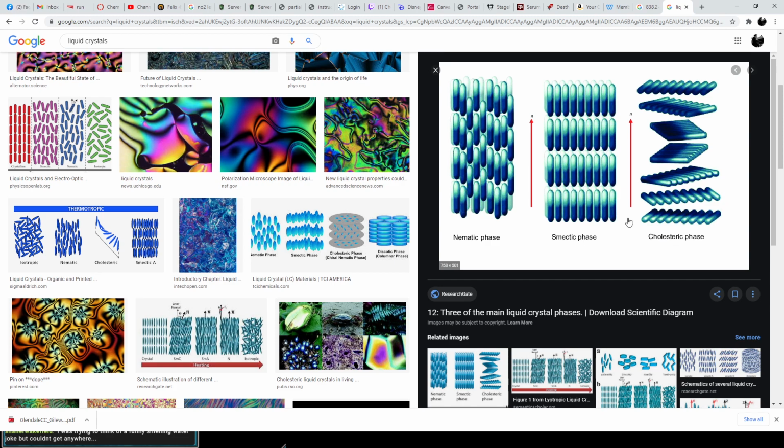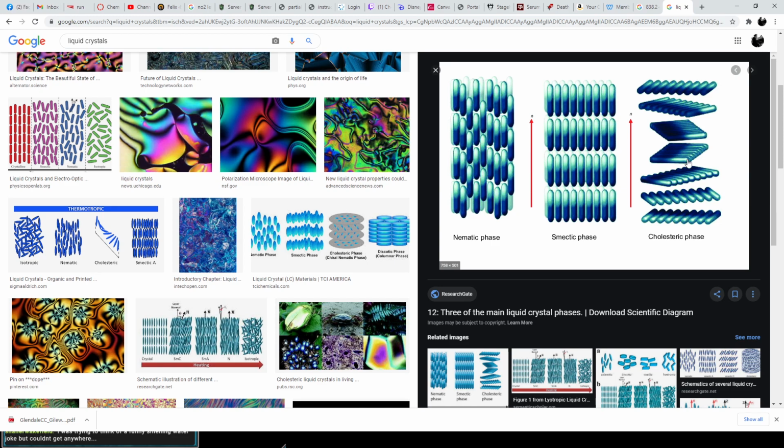In smectic crystals, you do have the layers. This would be smectic type A, where they're all vertically aligned. You can have them tilted a little bit. That's smectic type C. Again, don't worry about memorizing that. And then you have ones called cholesteric, which are layers at angles to each other.